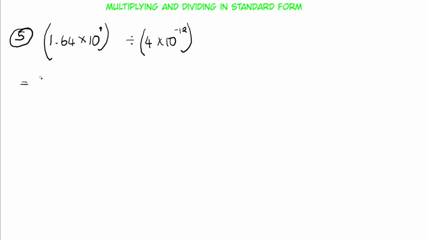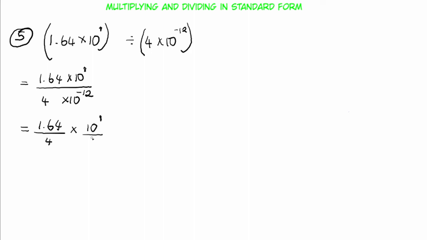Let's go. We've written it as a fraction. Let's separate them. Index with index, non-index with non-index. Okay, now after we've separated them, we're going to go ahead and divide.